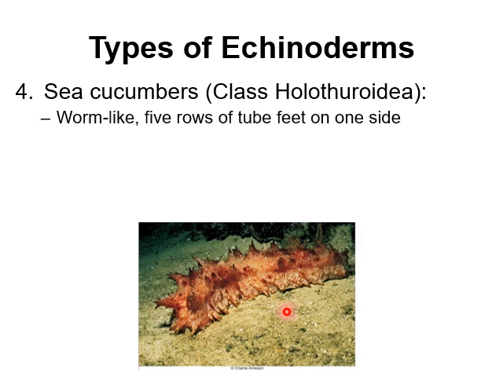These things are worm-like, of course, as you can see, and they tend to have all of their tube feet concentrated on one side of their body. So the tube feet are all on the bottom, and they use that obviously for moving around. So even though they look bilateral on the outside, internally they are radial, so that they have 5-part symmetry on the inside.